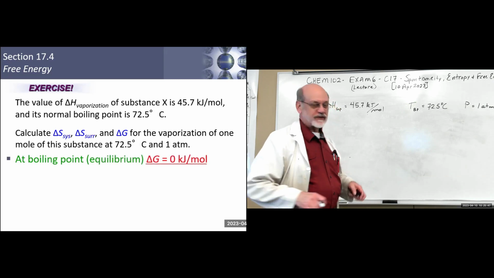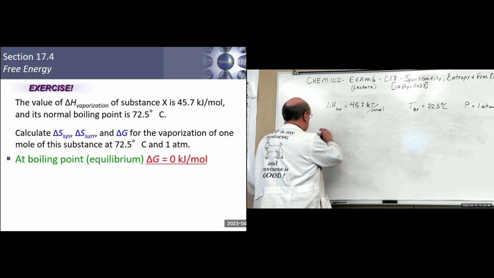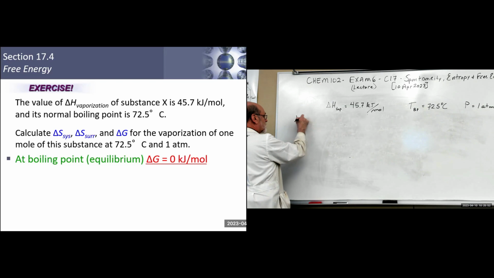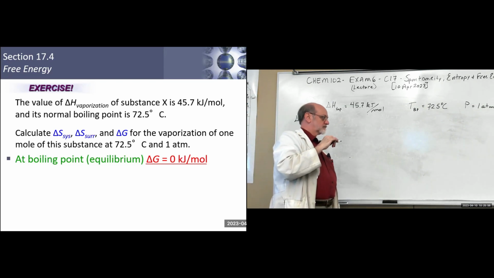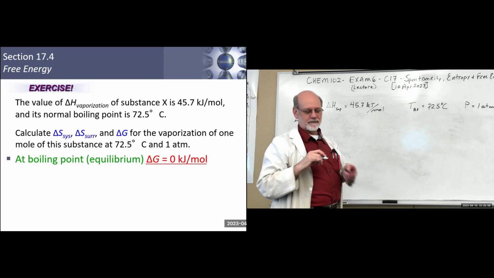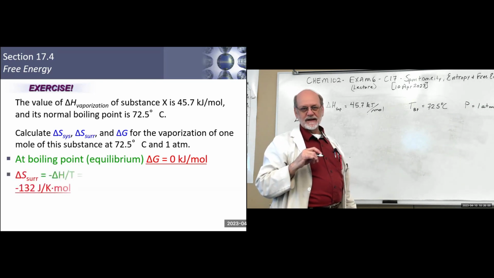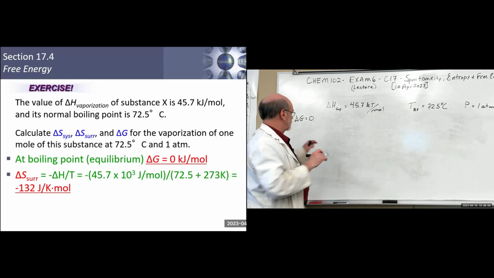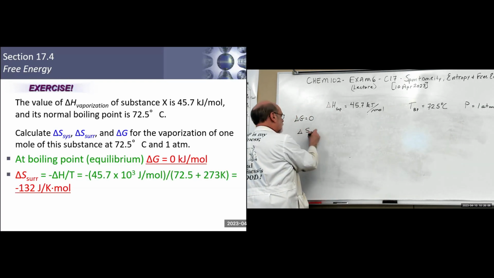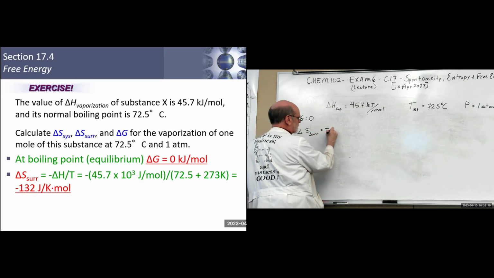All right. At the boiling point, we know that delta G is equal to 0. And the delta S for the surroundings is equal to this term, negative delta H over T, right?